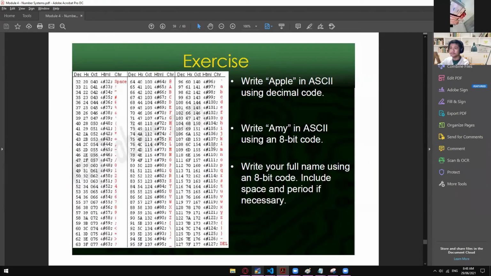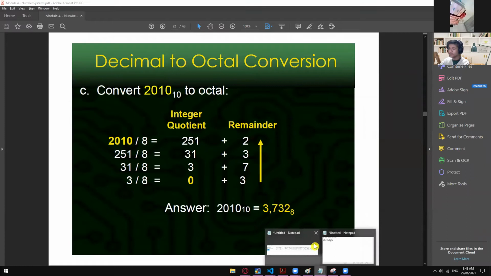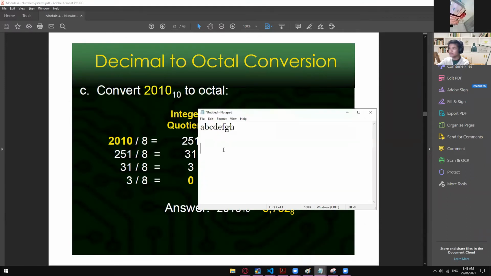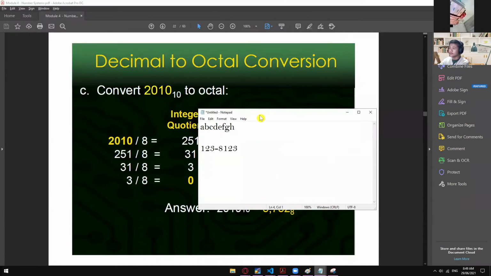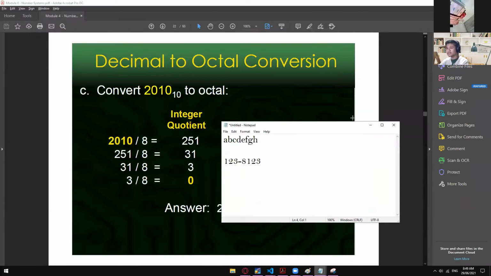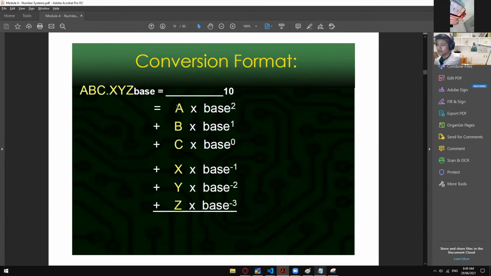So basically this letter A could be a number, depending on the representation of that letter A. We have a lot of variations for that. I hope you got the idea on why we're talking about number systems right now.